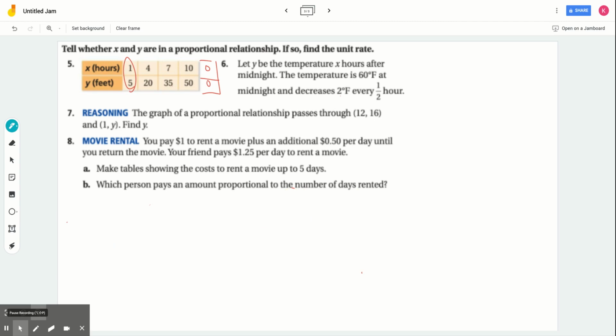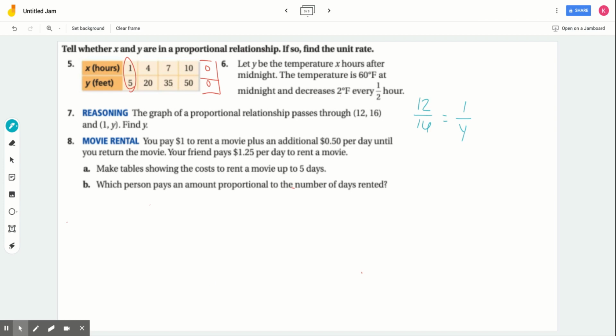On number 7, it says the graph of a proportional relationship passes through 12, 16, and 1, y. Find y. We can set up a proportional relationship to solve this. So we have 12 to 16 is equal to 1 to y. Now you can go ahead and use that cross products or butterfly method to solve this.